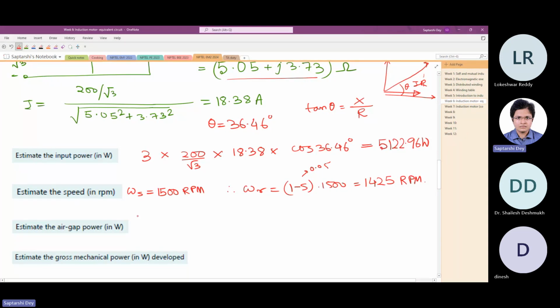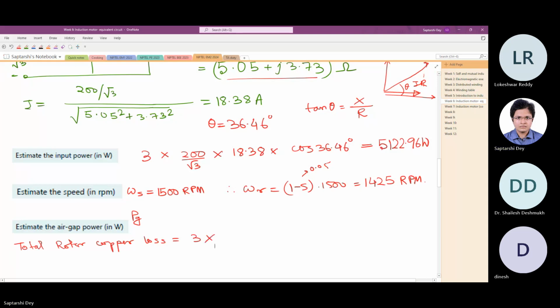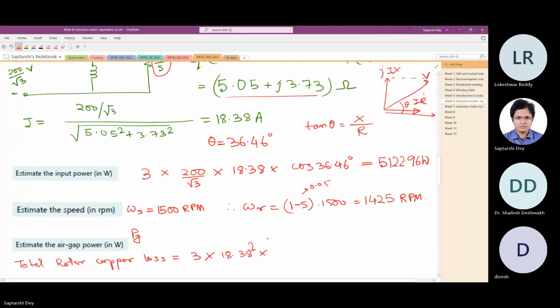Estimate the gap power, PG. So we have to first find out the rotor copper loss, which is 3 phases times I squared R, times R which is 0.25.